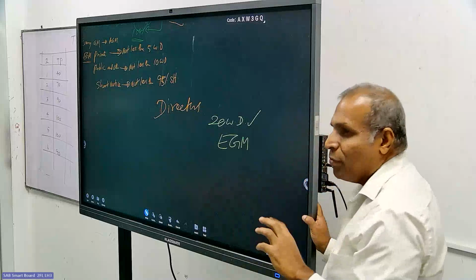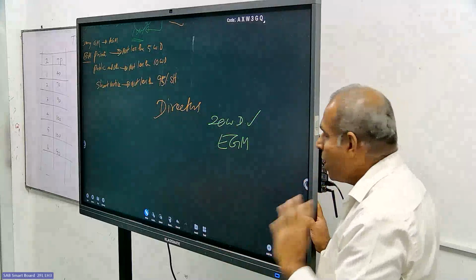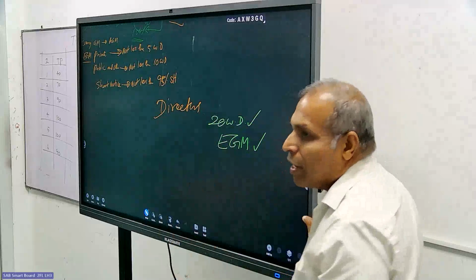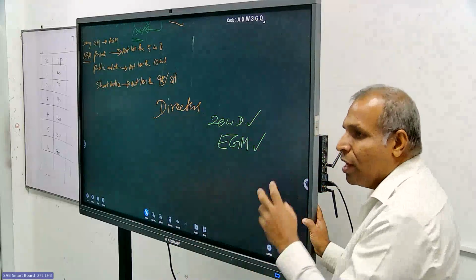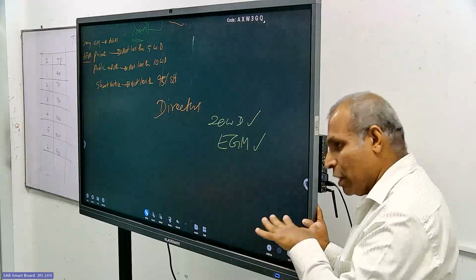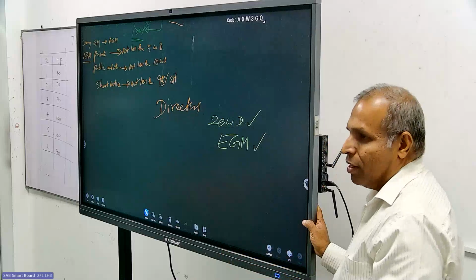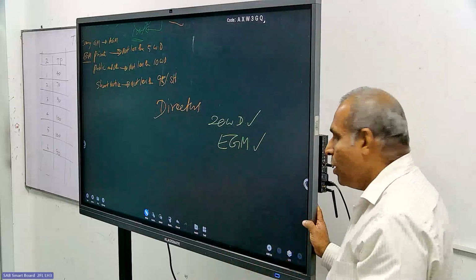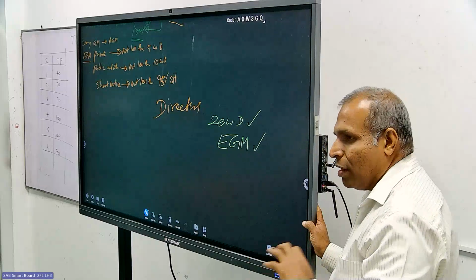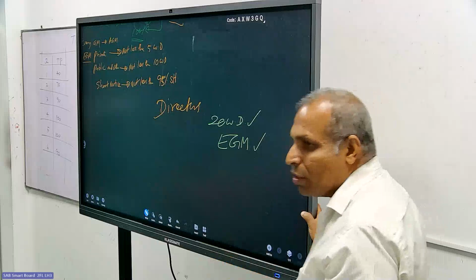And which type of meeting? Shareholders meeting. EGM, extraordinary general meeting. Unable to wait until next AGM. Actually, here the EGM is called to explain the financial situation to the shareholders of the company. That is the main purpose of calling the EGM. To explain. The company has to explain the financial situation to the shareholders.